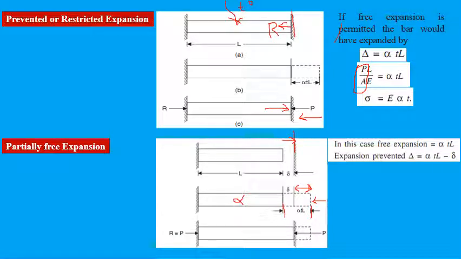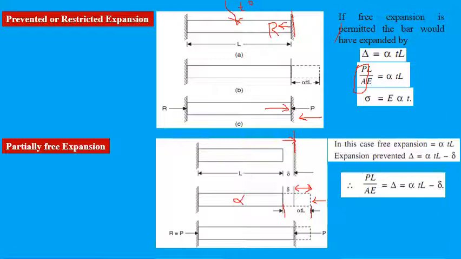So this is the boundary condition or fixed condition. From this boundary condition to the maximum expansion of the material, we call it delta. Therefore delta can be written as delta = alpha TL minus small delta, where small delta is the gap provided.